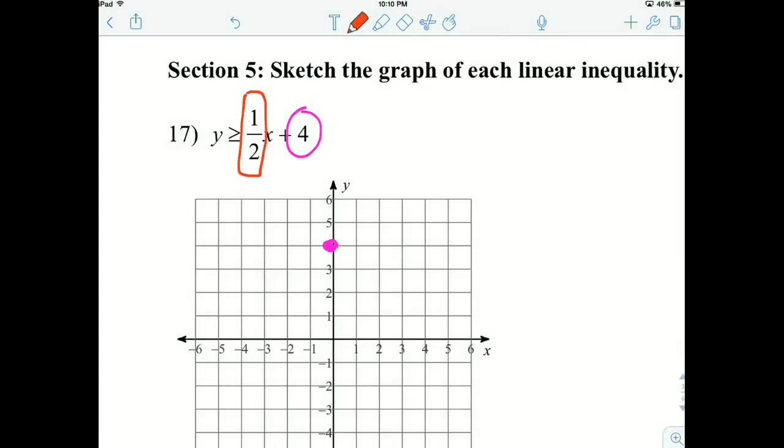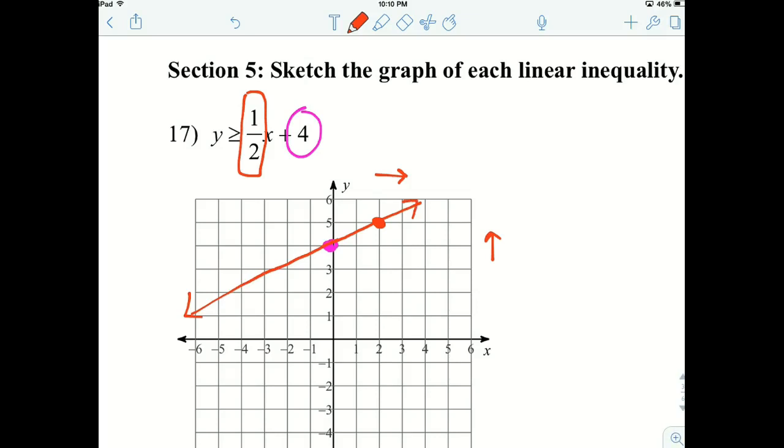That means that is a gradually up slope. So as I go over, I'm going to be going up. The 1 on top means I have a change in y of 1, a change in x of 2. So I go up 1 over 2. And I'm going to go ahead and lightly sketch in my line.